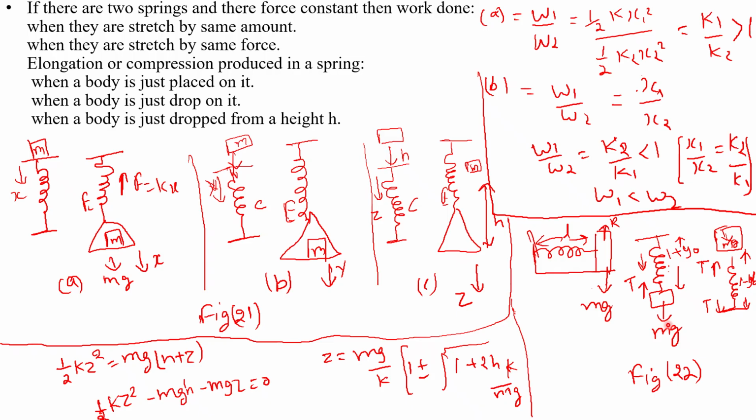So in some problems related to the spring, sometimes we replace m by k y naught by g, which is constant for a given mass and spring.